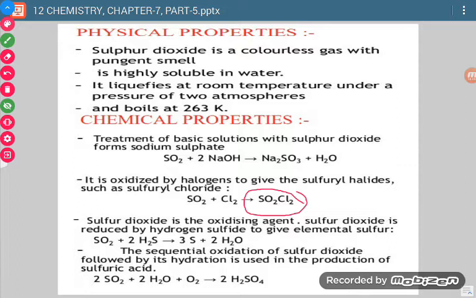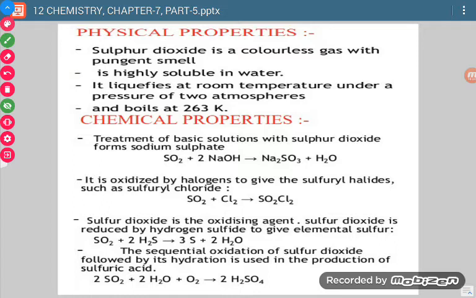In this reaction H2S has changed into S. So what happened to H2S? There is loss of hydrogen. Loss of hydrogen means oxidation. So here sulfur dioxide has acted as an oxidizing agent.